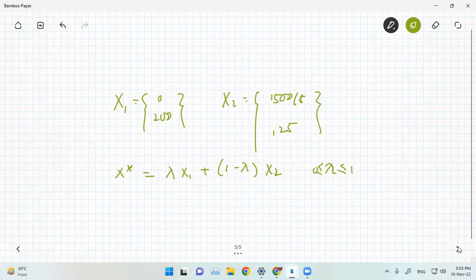So if we do a bit of calculation, then x1 star and x2 star will have values like this: lambda into 0 plus 1 minus lambda into 1500 by 8, then lambda into 200 plus 1 minus lambda into 125.